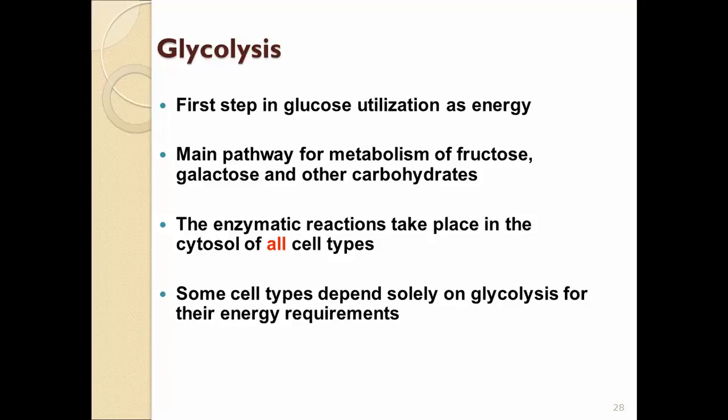This is the main pathway for metabolism, not just of glucose, but also fructose, galactose, and other carbohydrates. And again, some cell types depend only on glycolysis for energy, like we mentioned, the red blood cells.